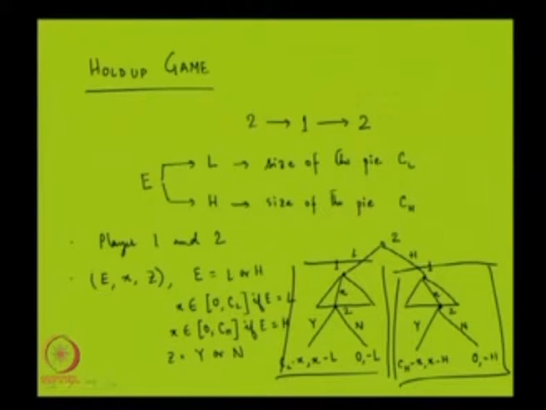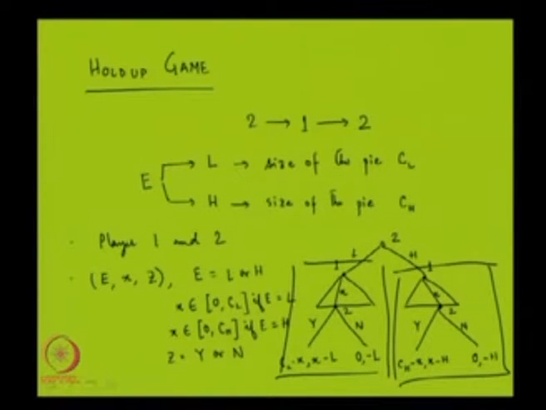So this is going to be the subgame perfect equilibrium in each of these two subgames, whether we start with the history L or history H. The equilibrium is the same: player 1 offers 0 to player 2 and player 2 will accept that. However, player 2's payoffs from these two equilibria are different.